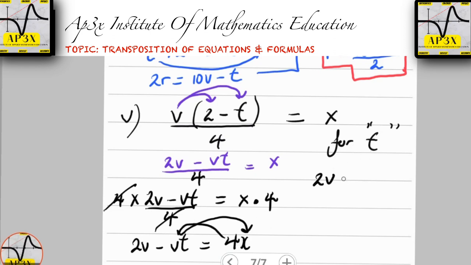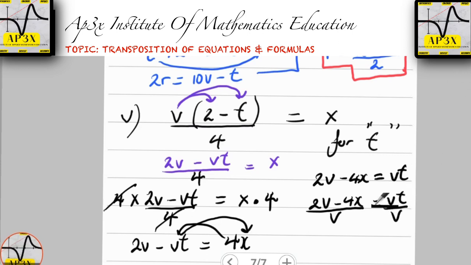So positive 4x becomes negative 4x, and that's going to be equal to positive vt. Again, my subject is t, so I'm going to have (2v - 4x) over v, and that's equal to vt also over v.